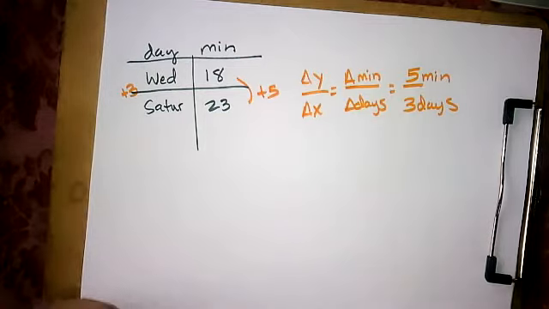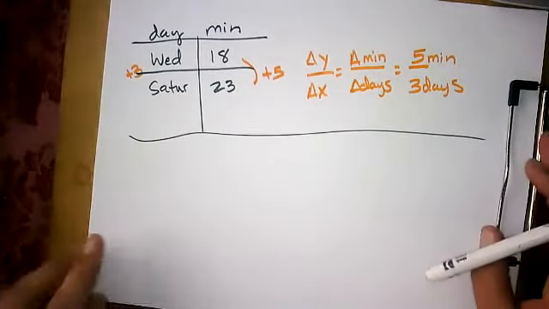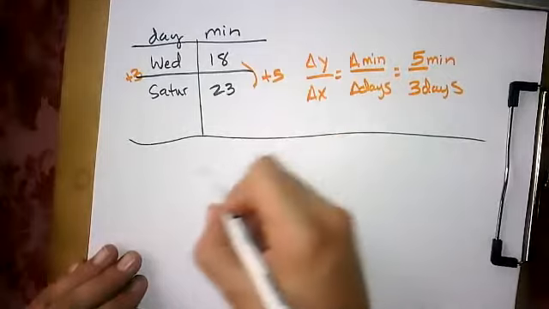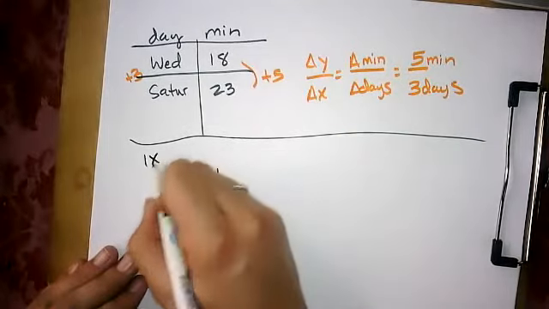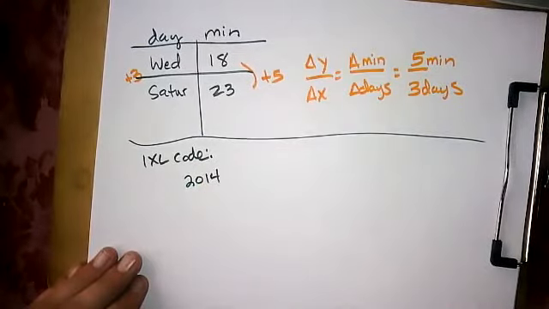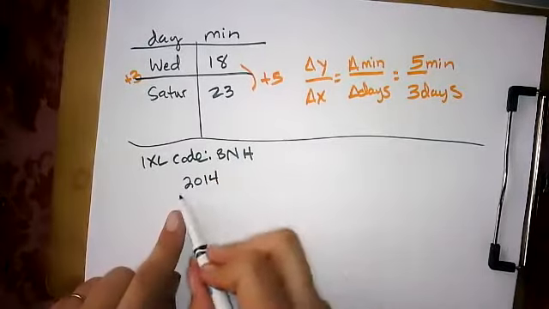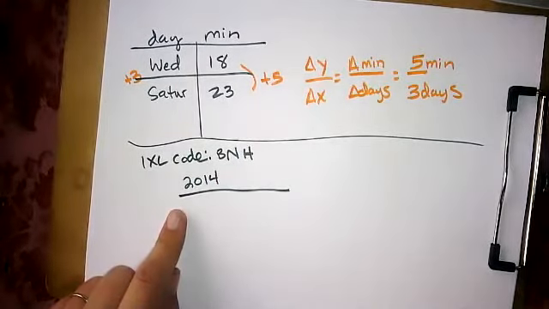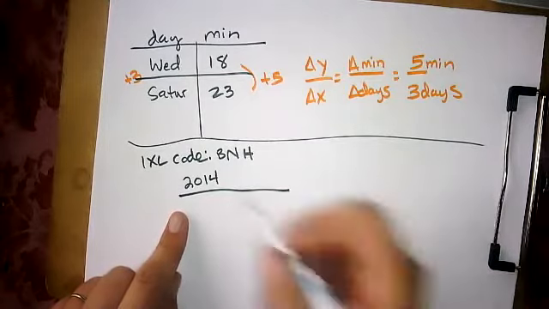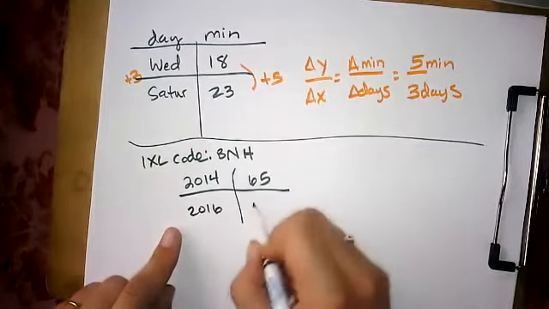How about if we look at it from a graph? The graph is kind of the same idea. We just don't have a table in front of us. We have to look at the picture and decide what the table is. This is IXL code from last week, BNH. So 2014, if I look at my graph, was at 65, and 2016 was also at 65.